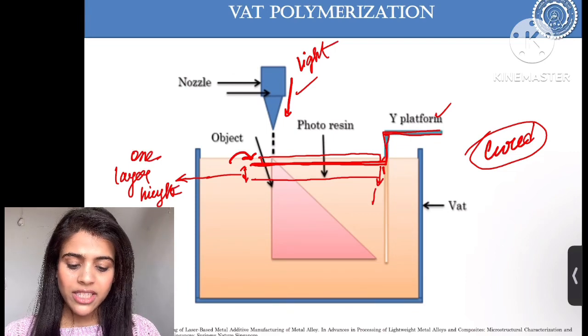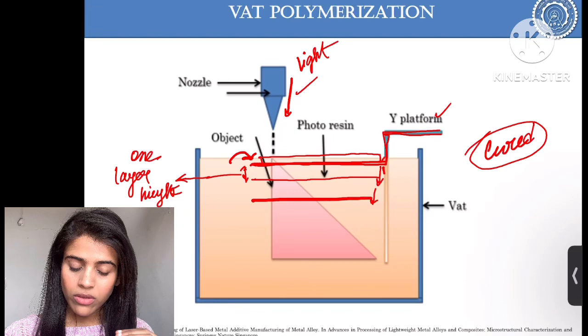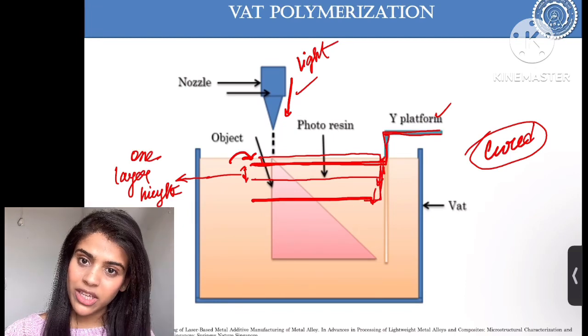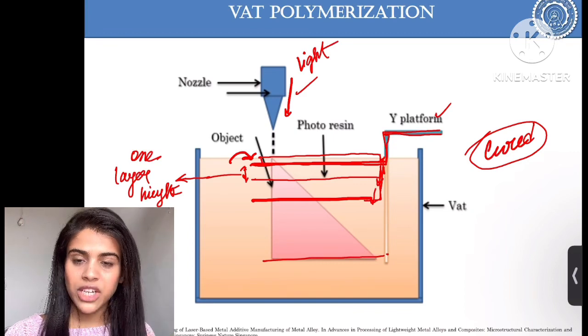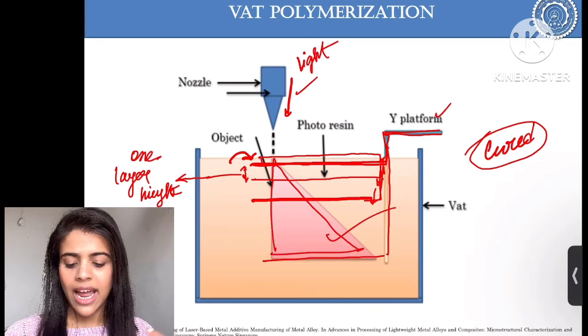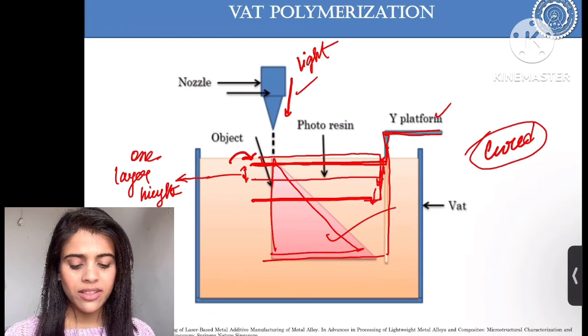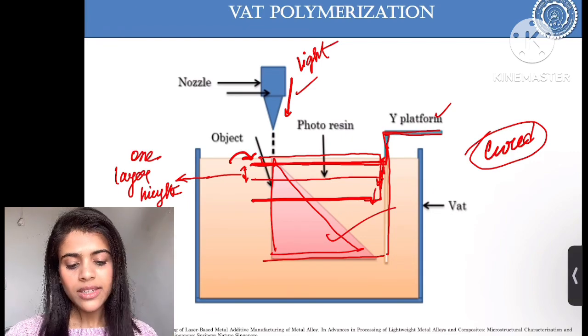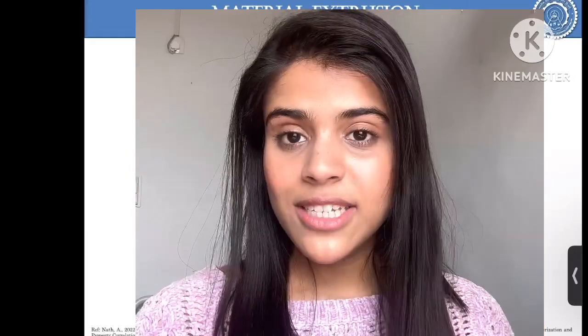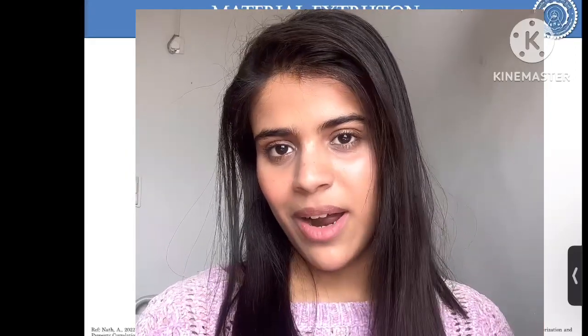In this manner, the platform will be lowered with each step, and with each step the resin will be cured and the whole object will be made according to the previously sent CAD model or the solid object that we are going to print. This is the process of vat polymerization. So we can see that using this process we can't print metallic parts.